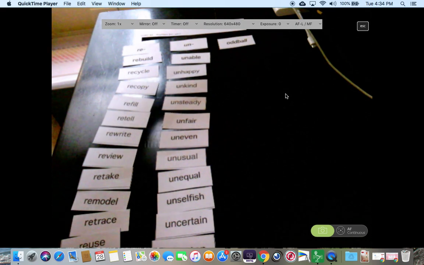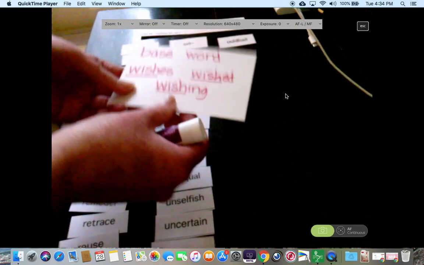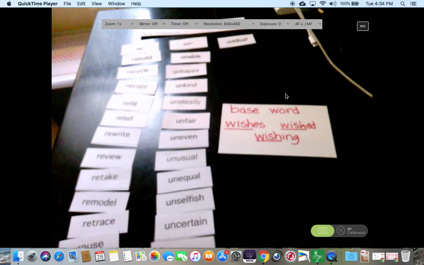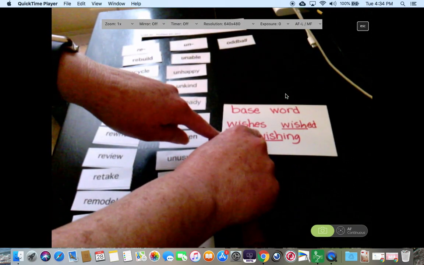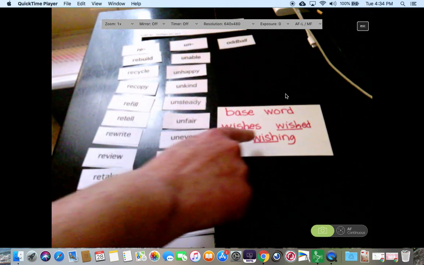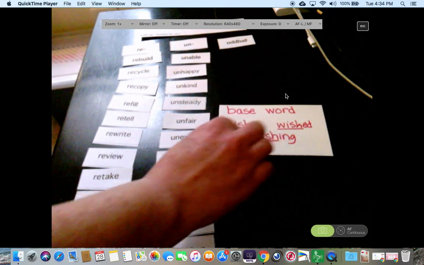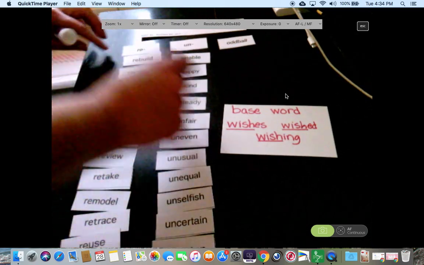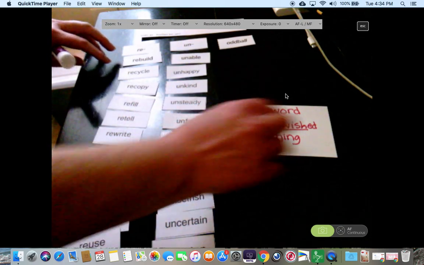Second graders, do you remember a couple weeks ago when we talked about a base word? We talked about the main word. So when we added ed and es to the ends of our words, we added the ending. But this time, you're noticing the prefix actually comes before the base word.